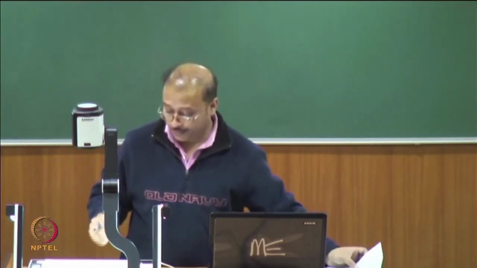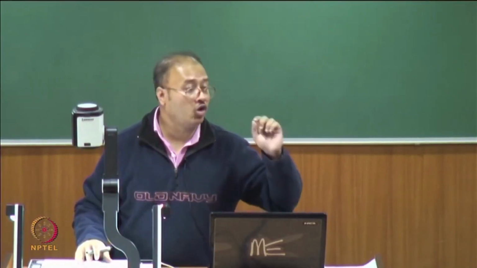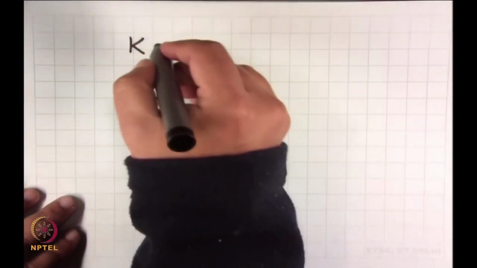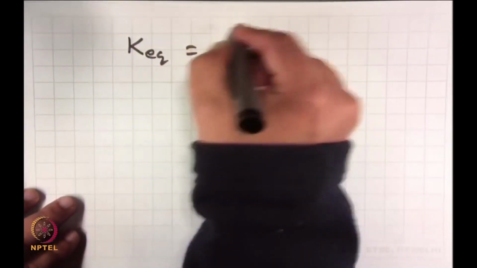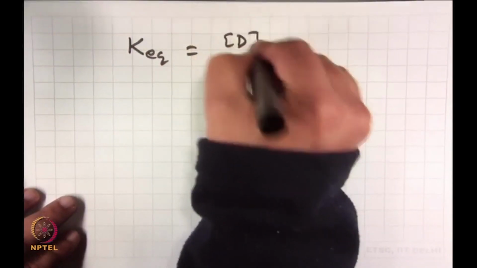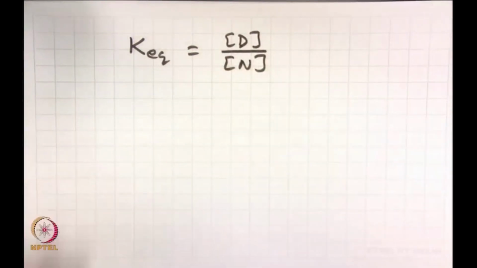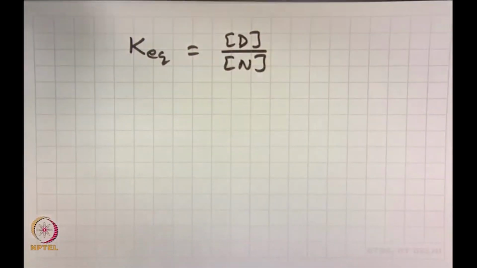There is one more thing we know. We know that we are always maintaining equilibrium condition. So what do we have? We have K equilibrium is equal to, what should I write? Concentration of D over concentration of N, right.